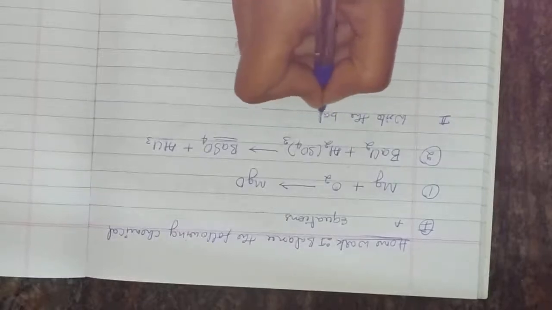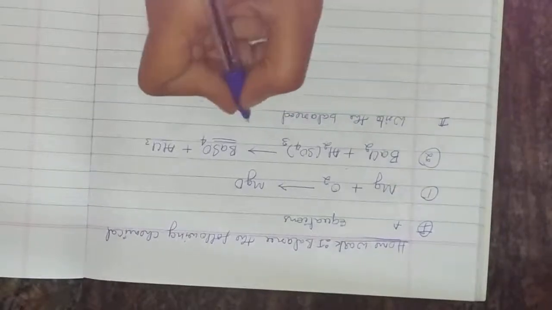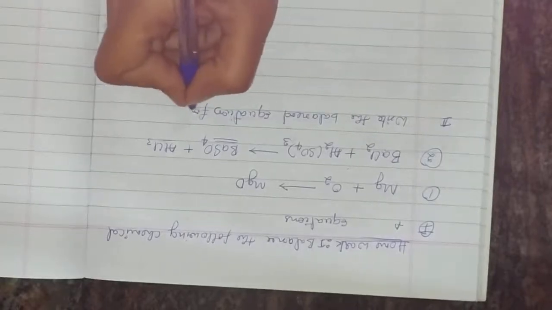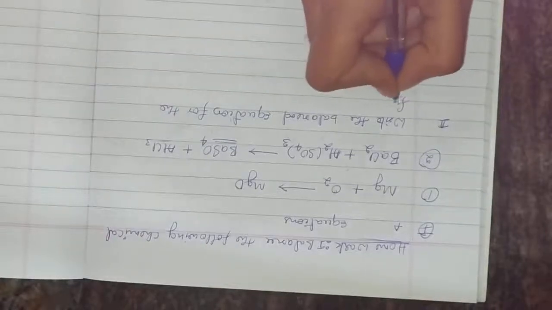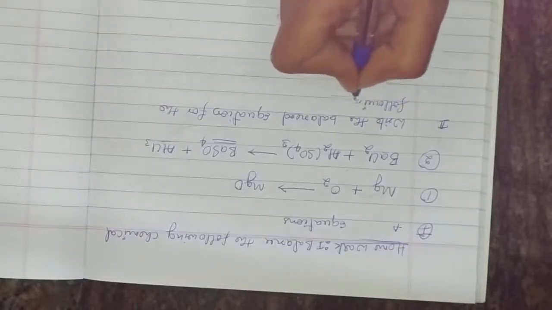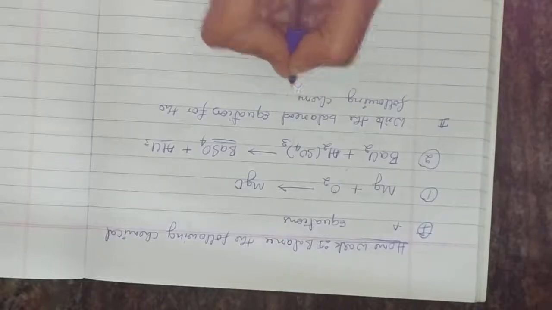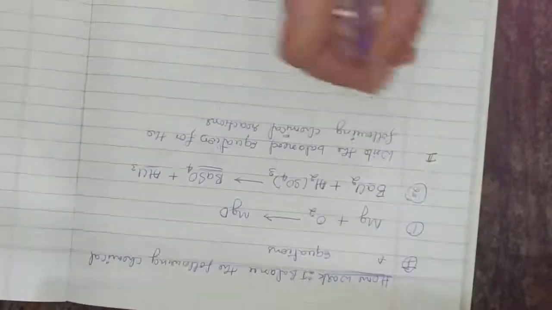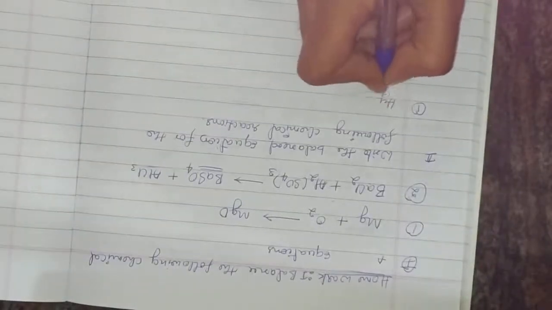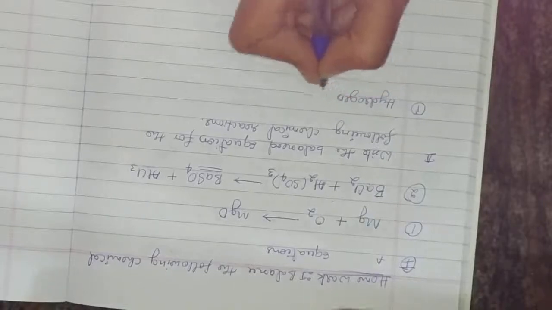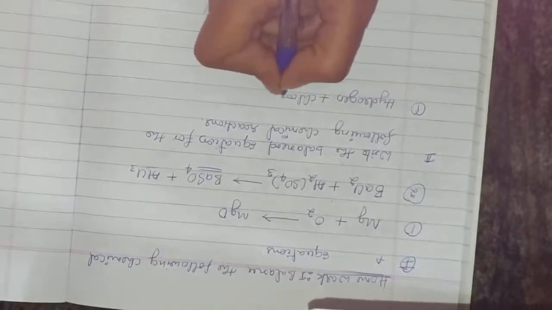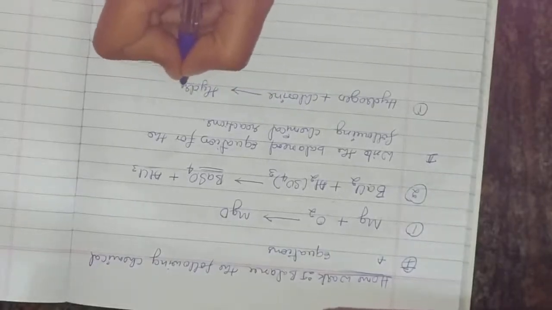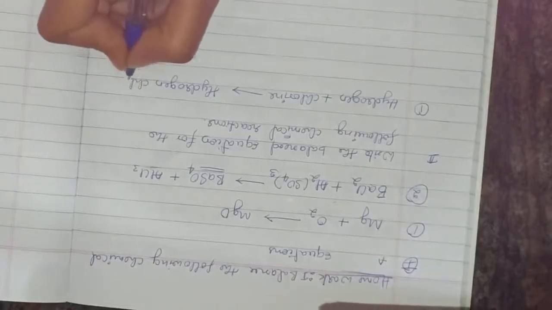Second main question, write the balanced chemical equation for the following chemical reactions. First one, hydrogen gas reacts with chlorine gas to give hydrogen chloride.